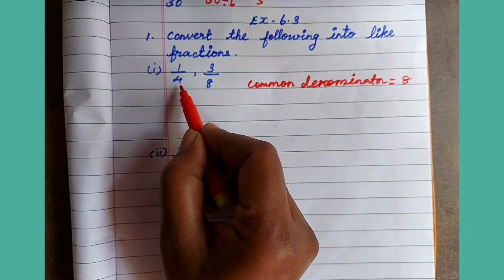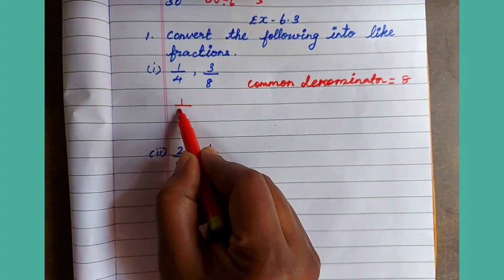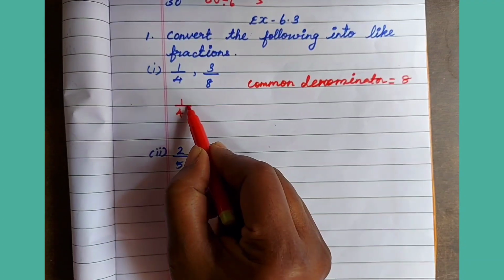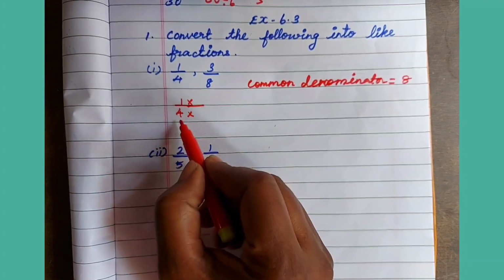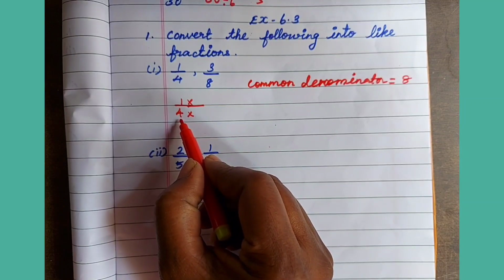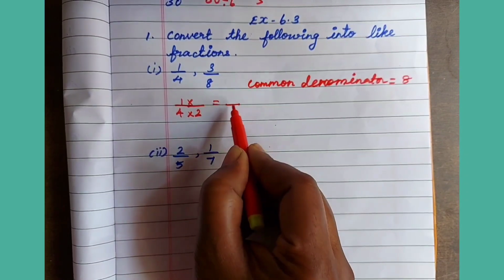So 1 by 4, only this value we have to change. 1 by 4, which table do we multiply to get 8? 4 into 2, 4 2s are 8.